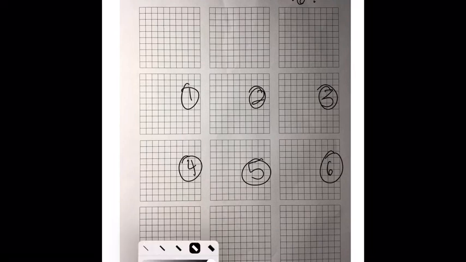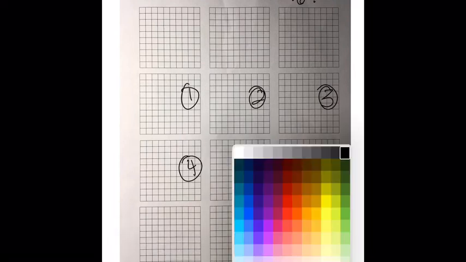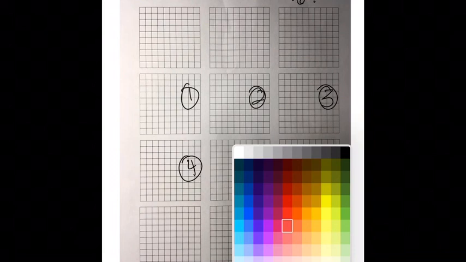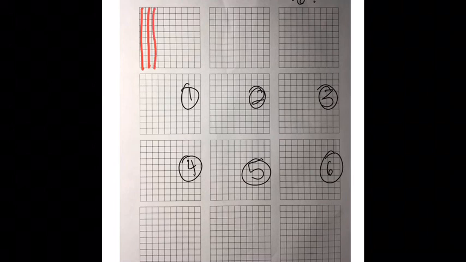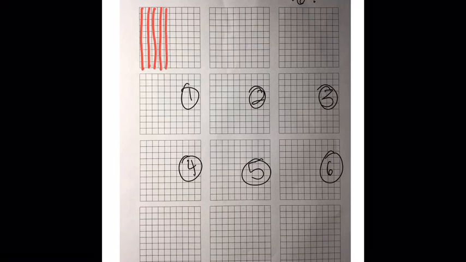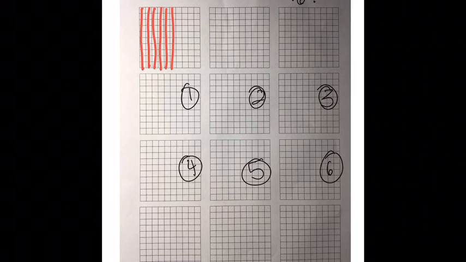So I need to model that. So we have 10 hundredths or 1/10, 2 tenths or 20 hundredths, 3 tenths or 30 hundredths, 4 tenths, 5 tenths, 6 tenths, because each one is a rod.